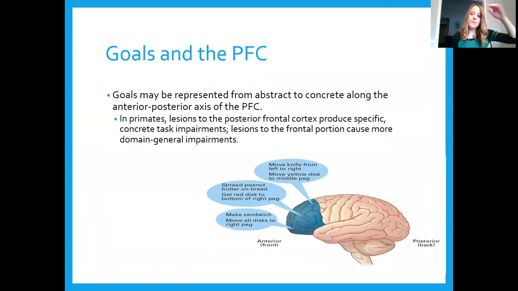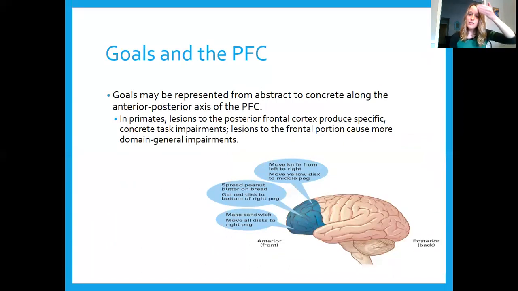If we look at the role of your prefrontal cortex in goal planning, we see a shift from the very front regions of your prefrontal cortex. If we look from anterior to posterior, anterior is closer to your forehead, and posterior is closer to the occipital lobe that we talked about.